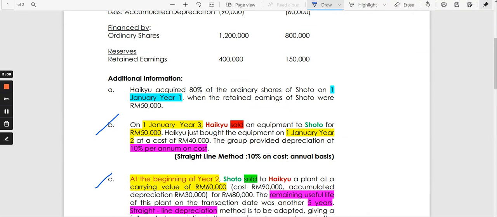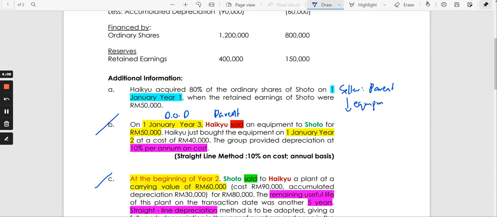The first thing to do is to look at when is the date of disposal. So if you look at this information, you're informed that on 1st of January, year 3, I put there DOD, date of disposal, Haiku. So Haiku here is the parent. So what you need to understand here is that the seller here is the parent company, right? And they are the one that sold equipment. So the equipment is being sold off to the subsidiary.